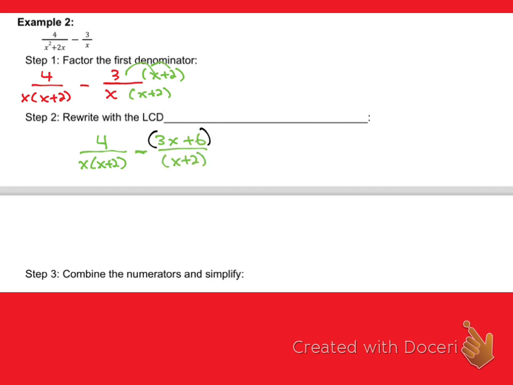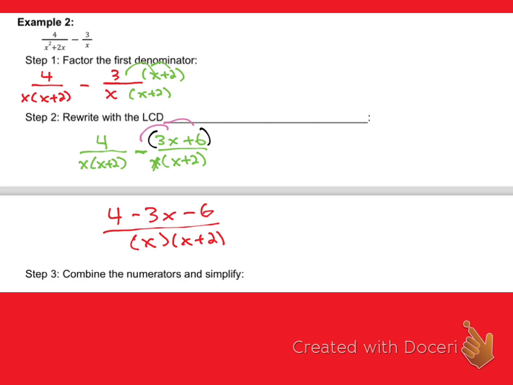Now here, this is where a common mistake is, okay? Since we're doing subtraction, and we're subtracting a binomial, we want to distribute that negative to help prevent mistakes, okay? So we'll make it one term. We'll distribute that negative, and we'll have 4 minus 3x minus 6 over x times x plus 2, okay?